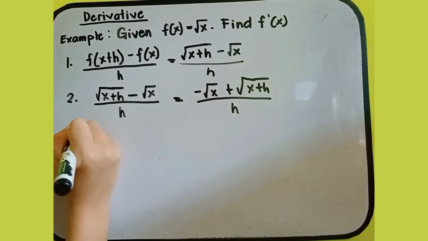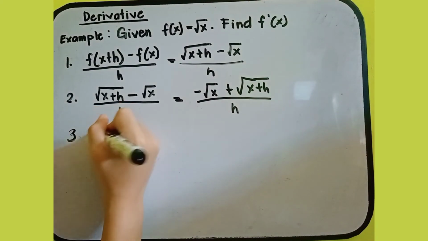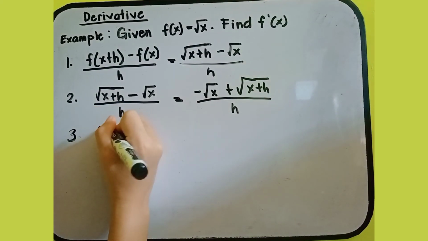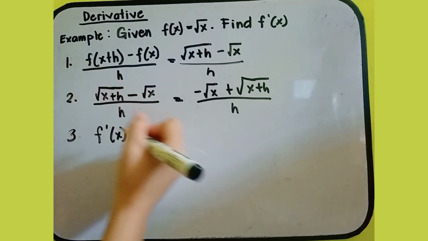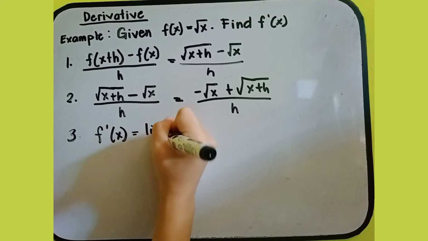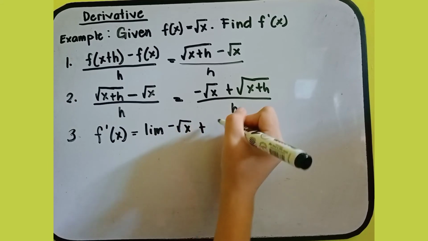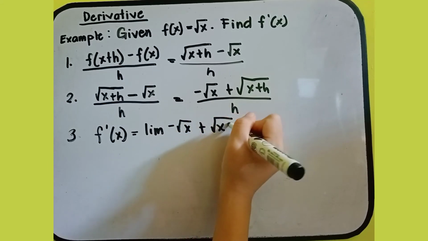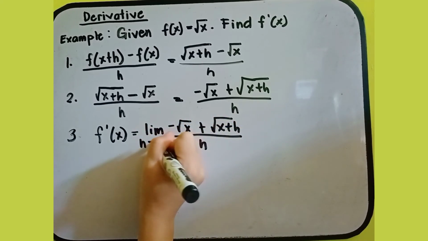For our step 3, find the limit as h approaches 0. So our f prime of x is now equal to the limit of negative square root of x plus square root of x plus h, over h, as h approaches 0.